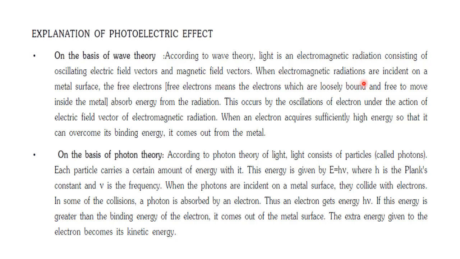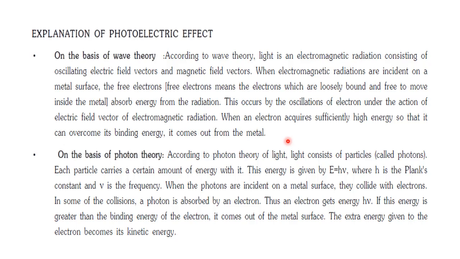When electromagnetic radiation is incident on a metal surface, the free electrons, which are loosely bound electrons free to move inside the metal, absorb this energy from the radiation, and this occurs by the oscillation of electrons under the action of the electric field vector of the electromagnetic radiation. When an electron acquires sufficiently high energy so that it can overcome its binding energy with the nucleus, it comes out of the metal.